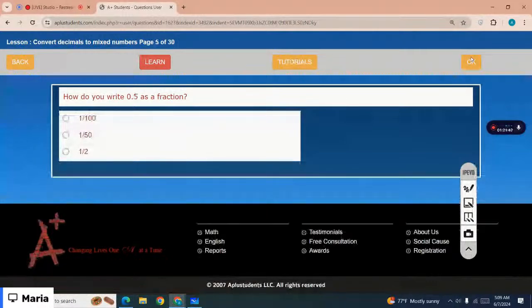How do you write 0.5 as a fraction? So which is the correct option? The correct option is 5 by 10.